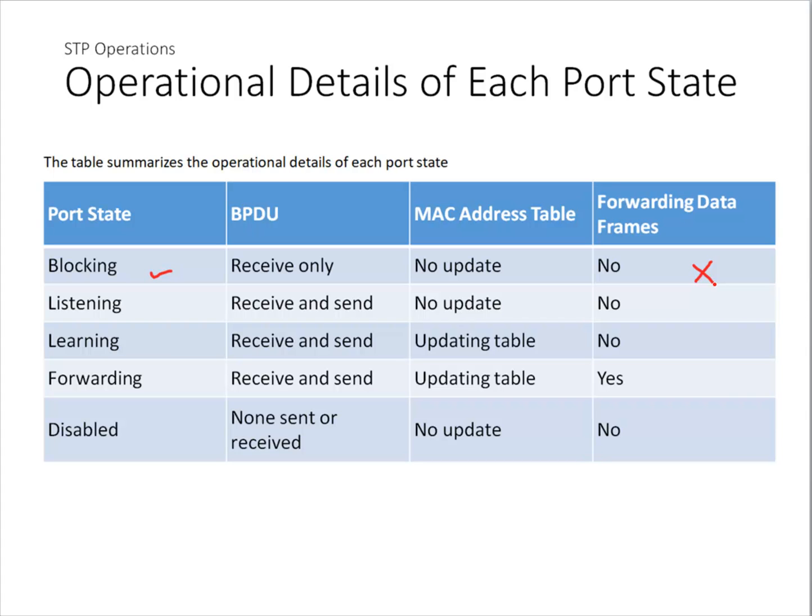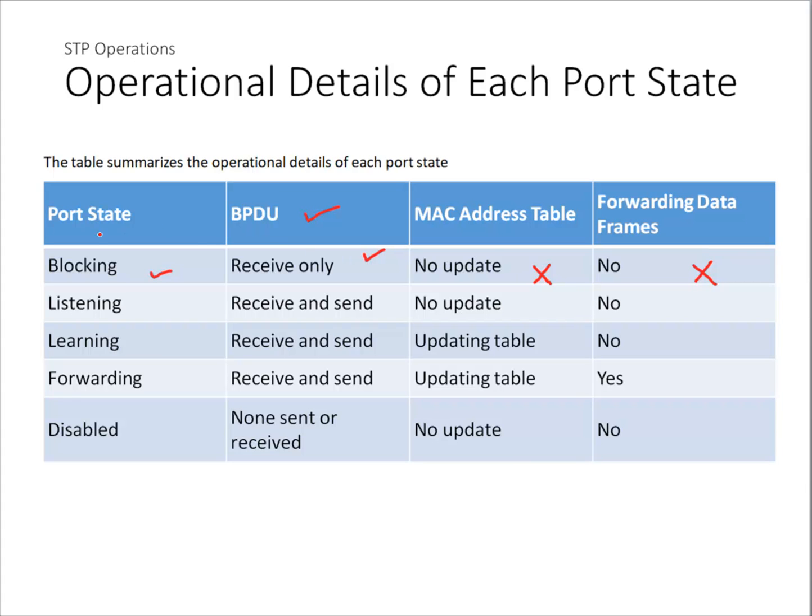Once the port is blocked, it is not going to forward any frames, but it can receive the BPDU, the bridge protocol data unit. Receiving only. Also, the MAC address table cannot be updated. So this is the blocking state.